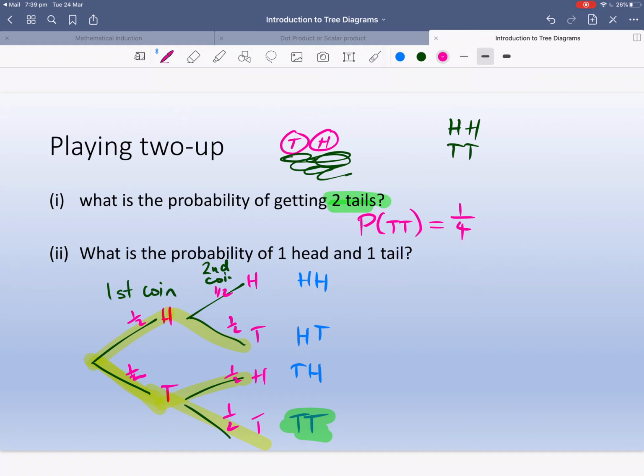Now there's a second way we can work this out, and it's by multiplying these probabilities. So we can go a half times a half, and it will also give us a quarter. If you put that in your calculator, you'll find that it's correct. And that's the only time I'm going to do this for this example. So this is example 1.